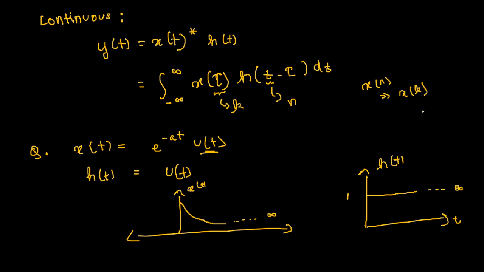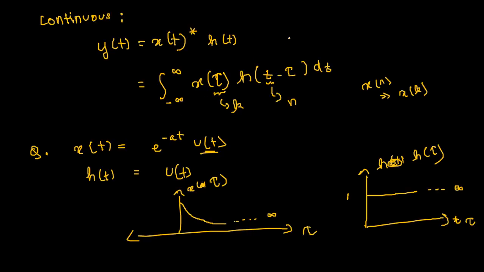So like I was saying, in discrete we replace x of n with x of k. So similarly, instead of x of t, we write x of tau and h of tau. So we fix the value of x of tau. We perform reversal on the unit impulse function, and then we go on time shifting, right?